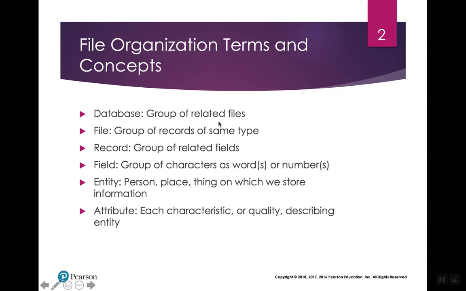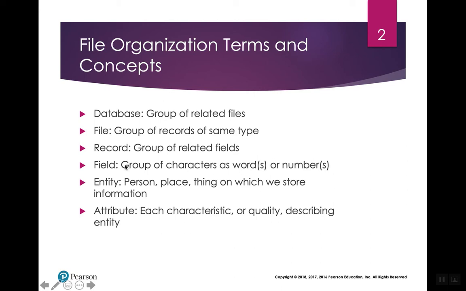And a file is a group of records, all of the same type, same structure, same layout. A record is a group of related fields, and a field is a group of characteristics, as in words or numbers.